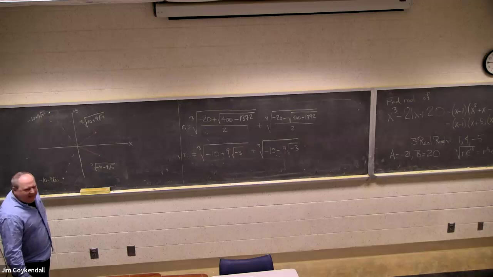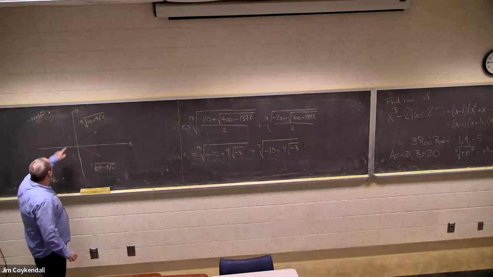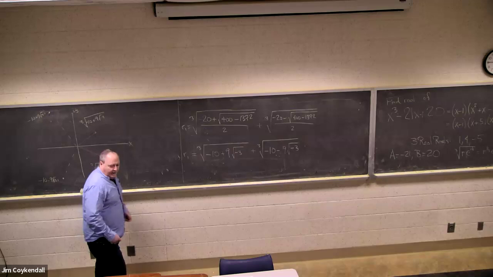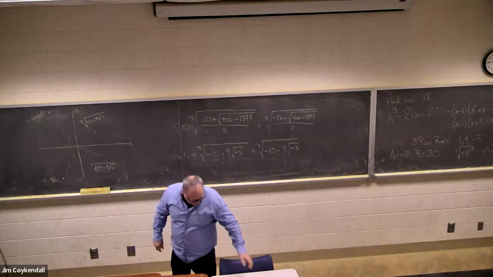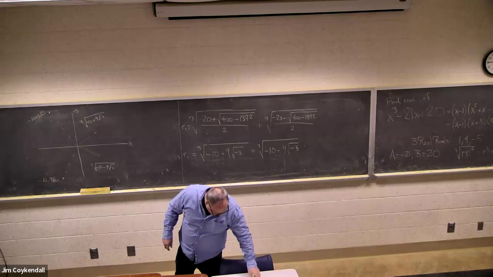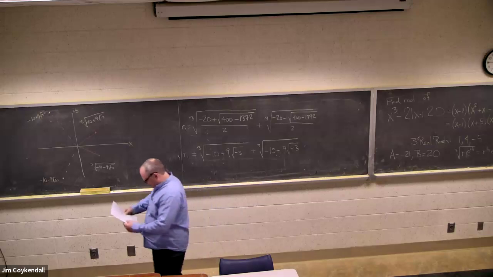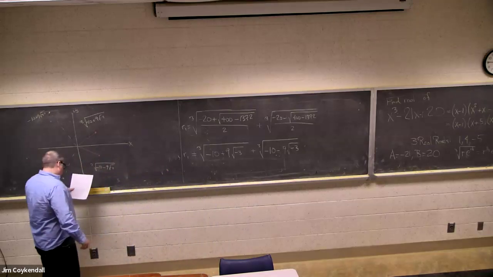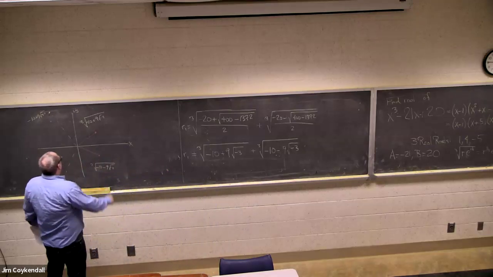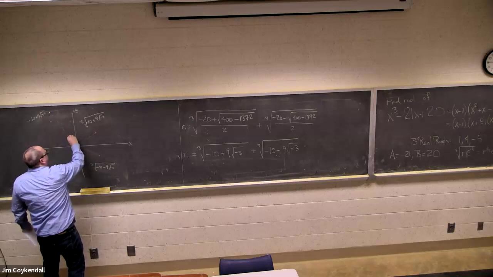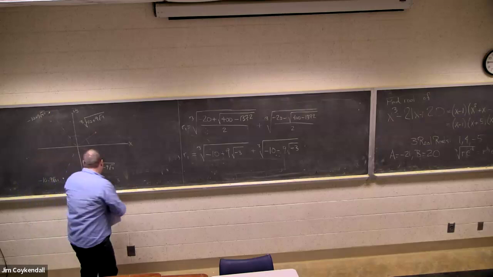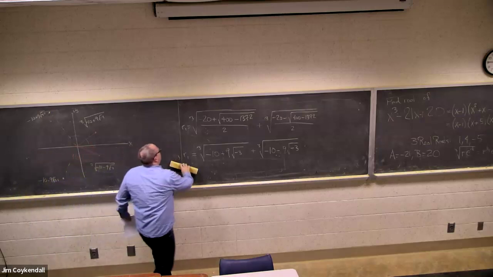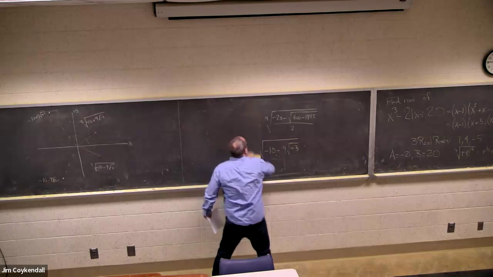Well, we need to find this angle here, right? And what is this angle? How do I get this angle? Well, it's 1/3 of whatever this original angle is. And how do I get the original angle?